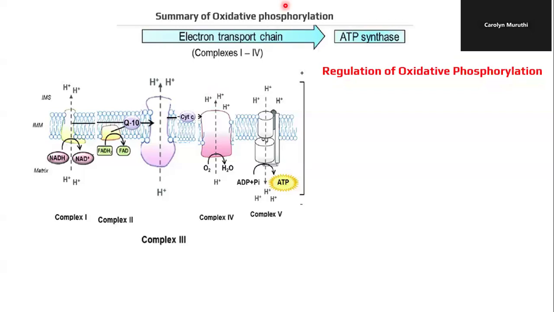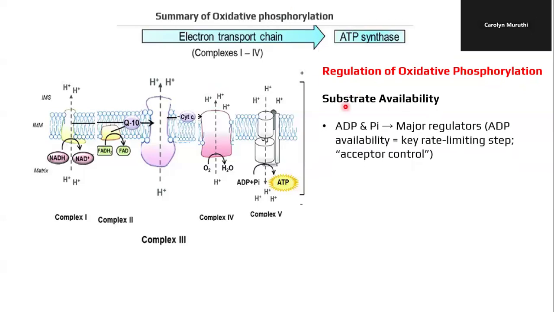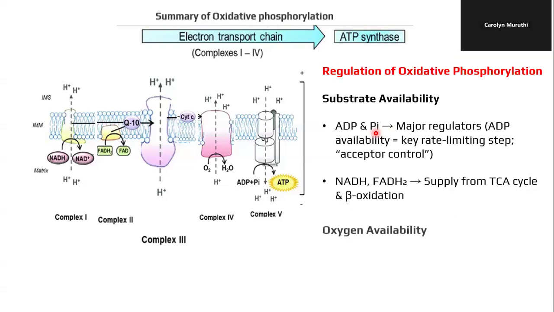The oxidative phosphorylation is also susceptible or can be regulated. And one aspect that regulates oxidative phosphorylation is substrate availability. So if you have ADP and inorganic phosphate, which is a key limiting step, it will allow oxidative phosphorylation to take place. It will be activated. Presence of NADH and FADH₂ are also activators of oxidative phosphorylation.